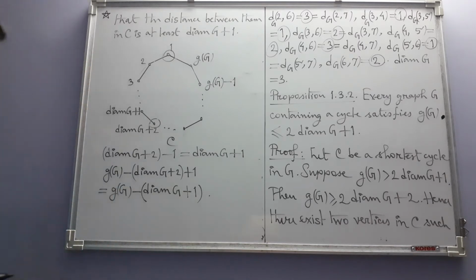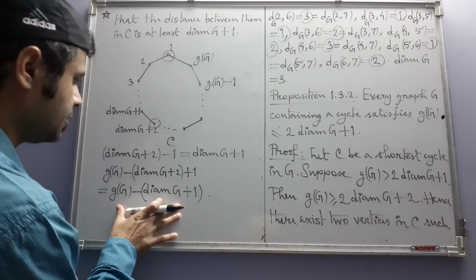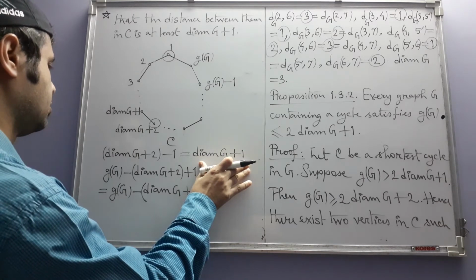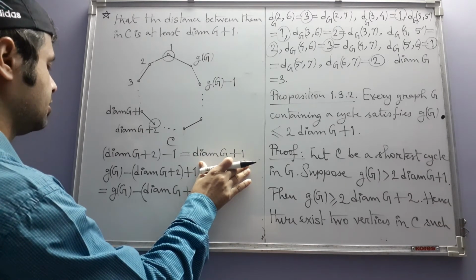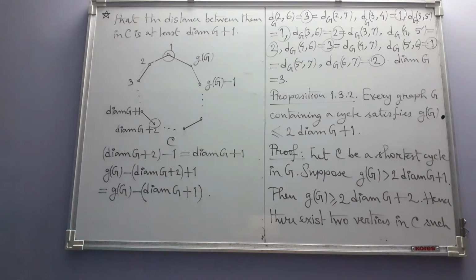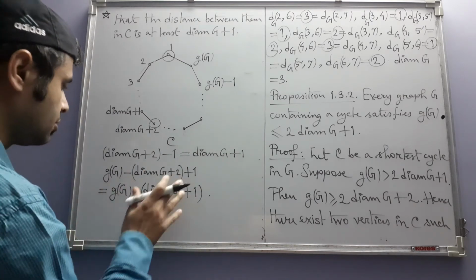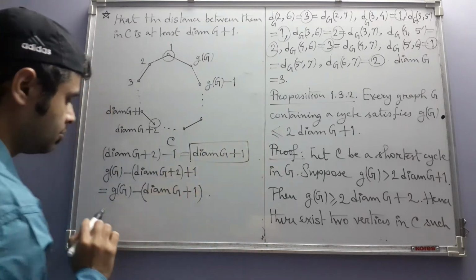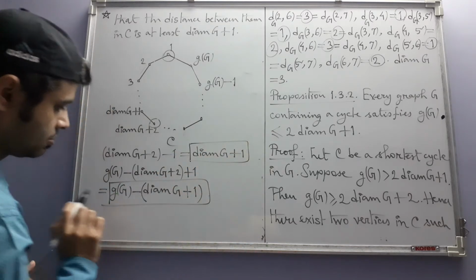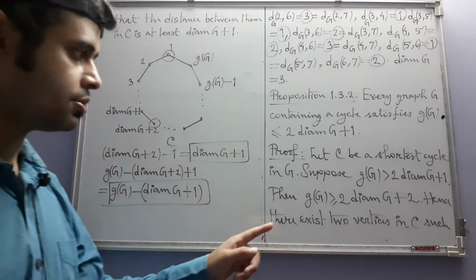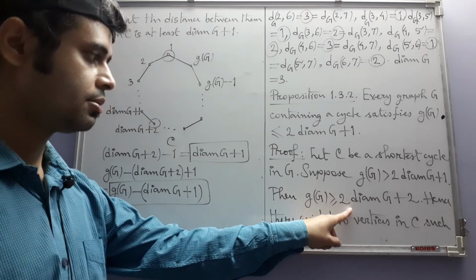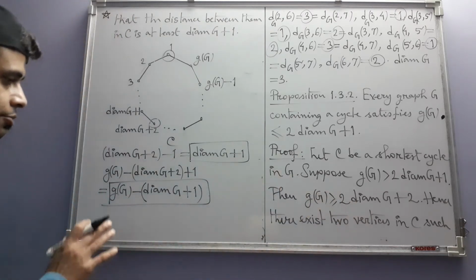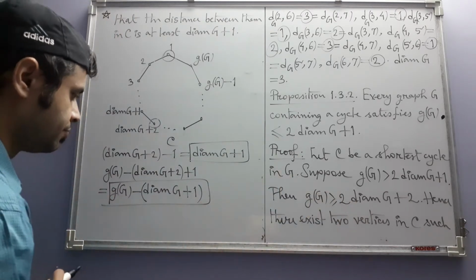Now what happens if this length is actually less than or equal to this length? So we have got two paths, and these two lengths. Now we can make use of this inequality that we have got from our supposition.